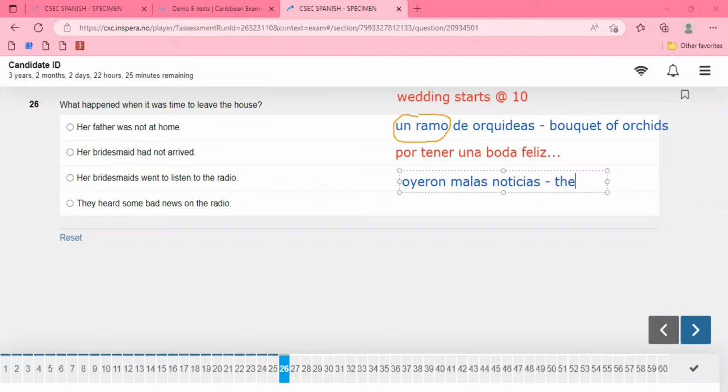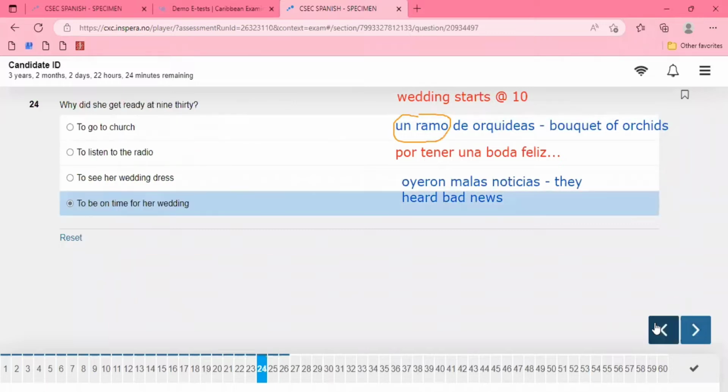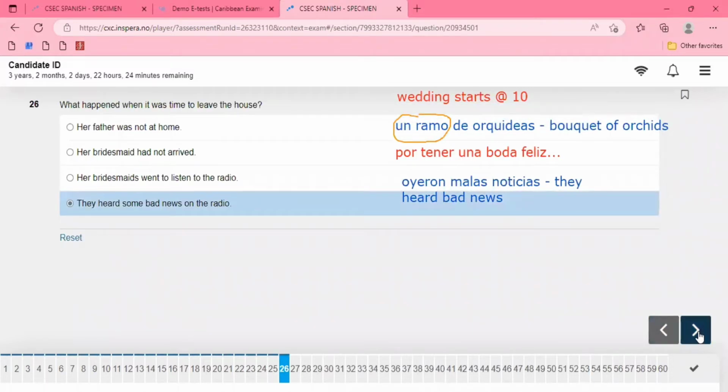Oyeron, which is from oír, but this is a preterite form, of course. Heard bad news, and it was specifically on the radio. All right, just looking through what we selected.